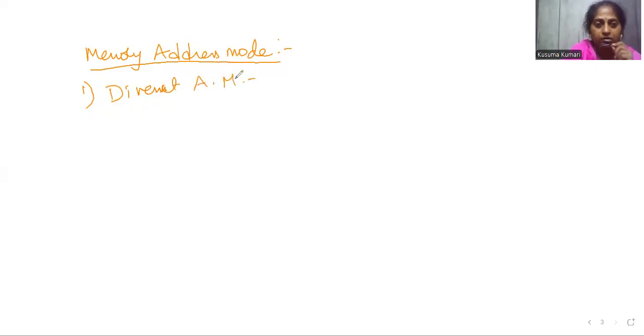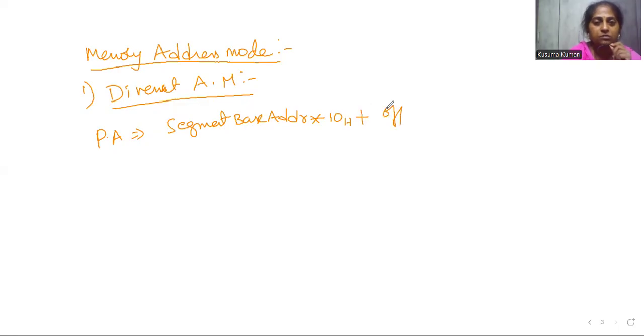Direct addressing. Already in memory segmentation, we have discussed that the memory location is identified by a physical address. Physical address is nothing but segment base address times 10 hexa plus offset or effective address.